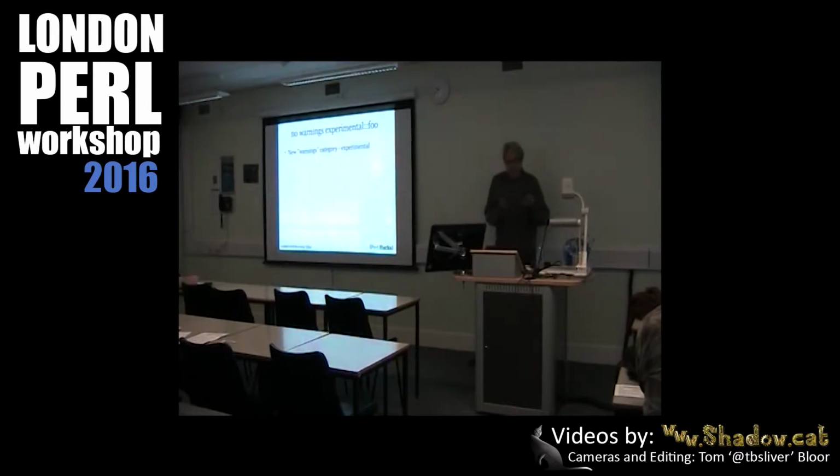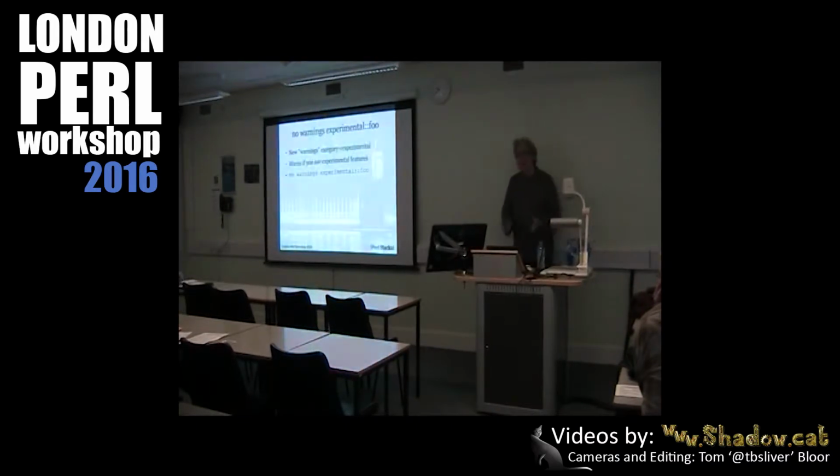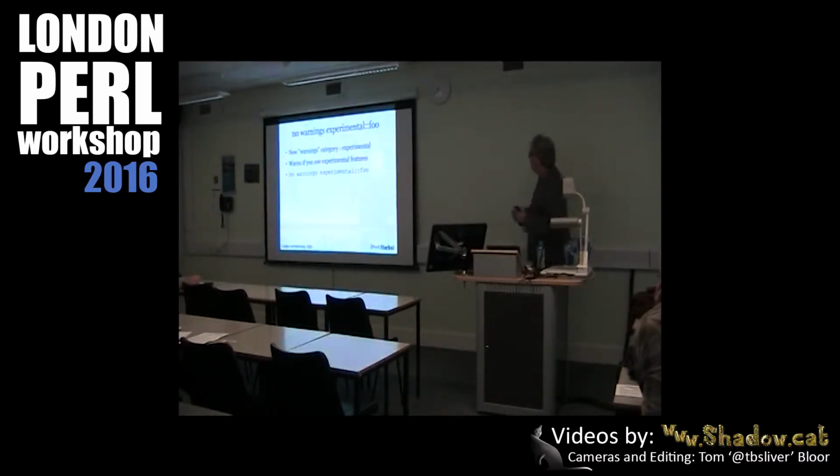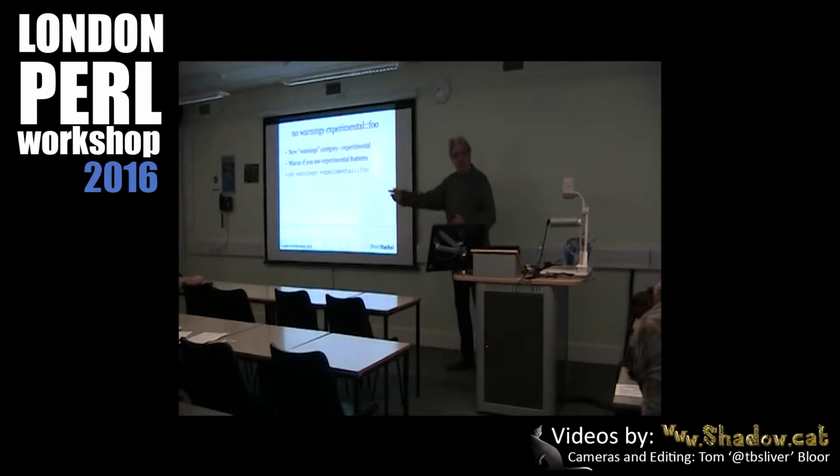So there's this new warnings category added called experimental. And basically everything that's marked as an experiment has a warning that is in this category. As I say, if you try to use an experimental feature, you'll get a warning, which you should read as, do you really want to do this? I warned you if you use an experimental feature. So if you know you want to use an experimental feature, and you don't want your logs filling up with warnings calling you an idiot for using it, then you put no warnings 'experimental::' and then the name of the feature that you want to use.